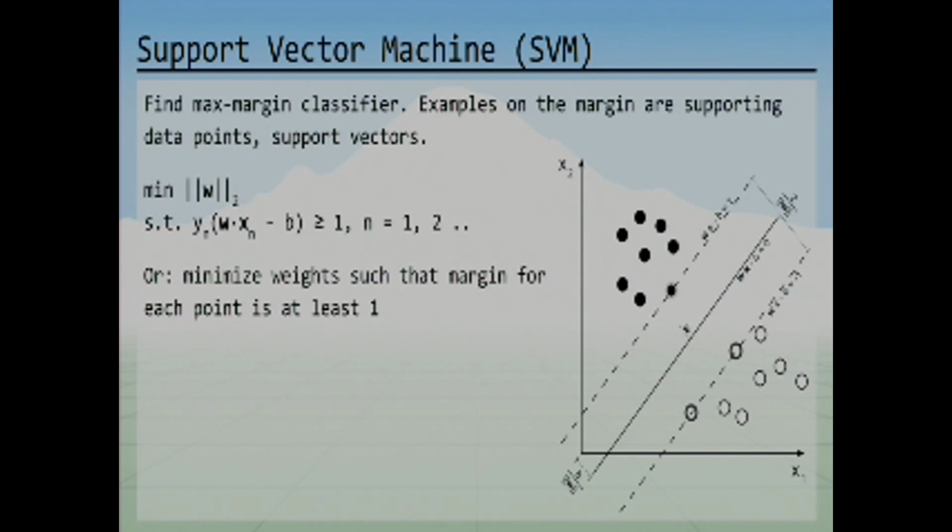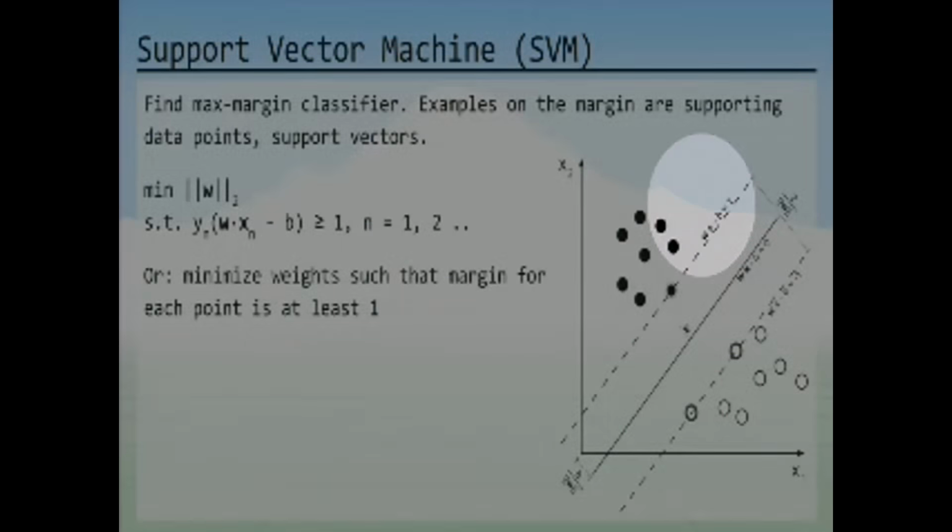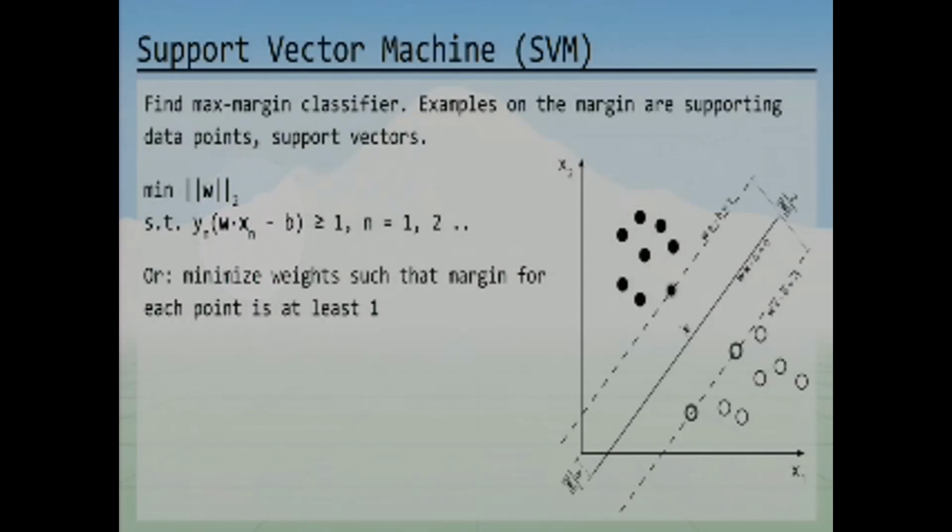And the reason that we're doing this different version, where we're setting the margin to be 1 and minimizing the weights, is because if we just think about maximizing the distance between this line and these points, the way that we're calculating this distance is the dot product of the weights and the features of our input.